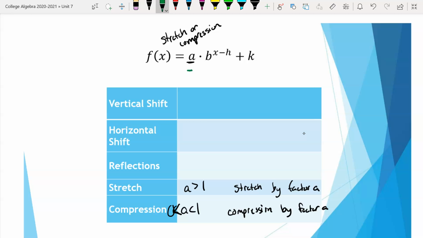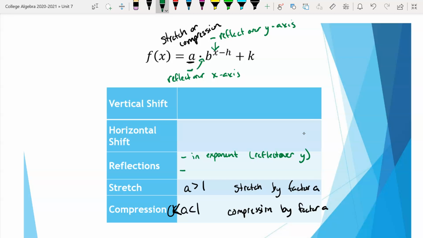If you remember, if there's a negative out front, that's reflect over the x-axis. If there's a negative in the exponent, that's a reflect over the y-axis. So negative in exponent is reflect over y, and negative out front of b is a reflect over the x.